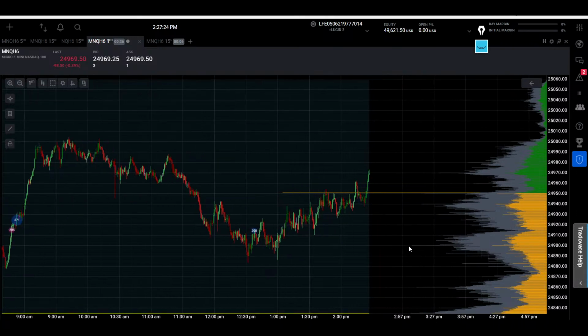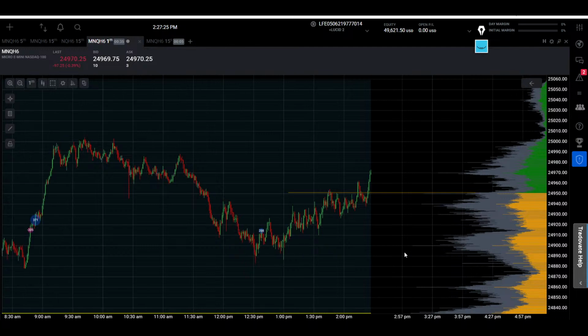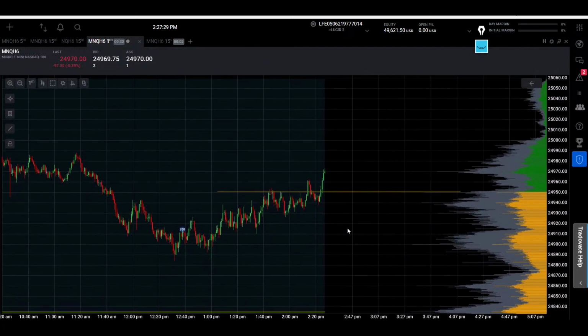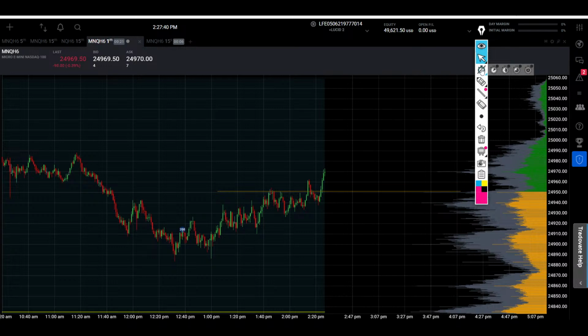3 minutes remaining. So what are we gonna wait for? 15 minutes. We will see the range of 15 minutes. After the first 15 minutes when markets open, we will establish the range, and then we will see which way it's gonna go.